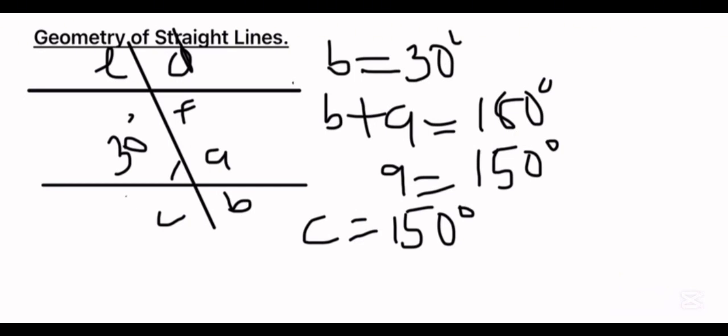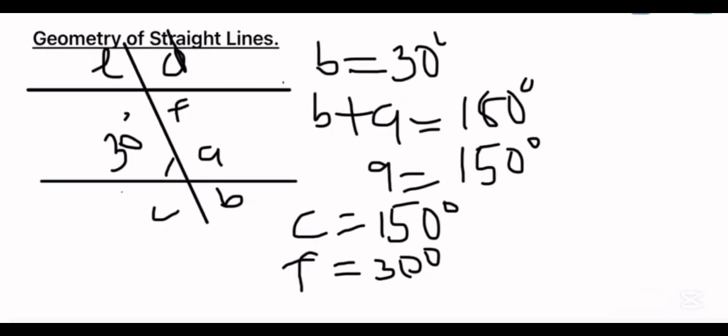Now let's look at another angle. We'll look at angle F. We could say angle F is equal to 30 degrees because angle F is alternate to angle B. So we could say angle F is equal to 30 degrees because angle F is alternate to 30 degrees and alternate angles are equal.